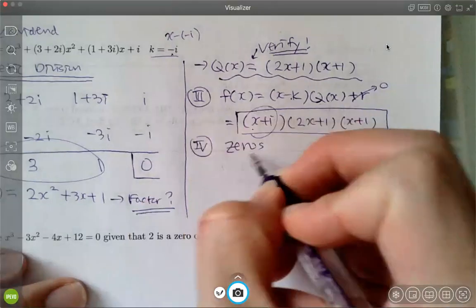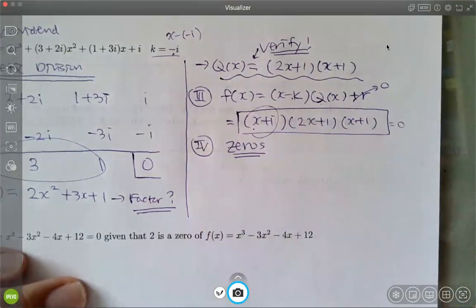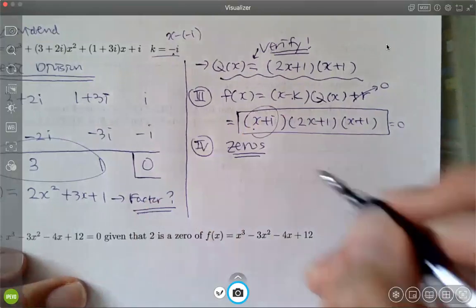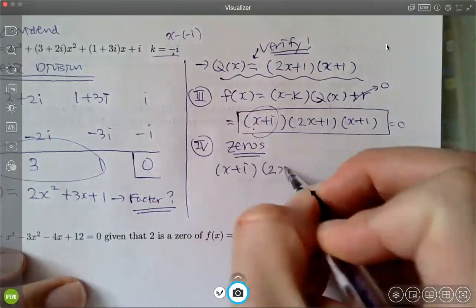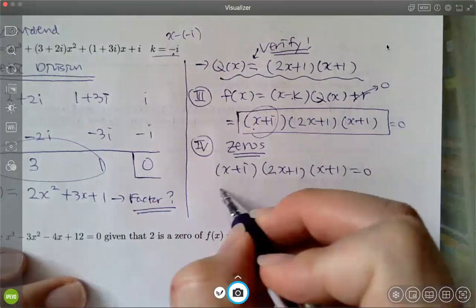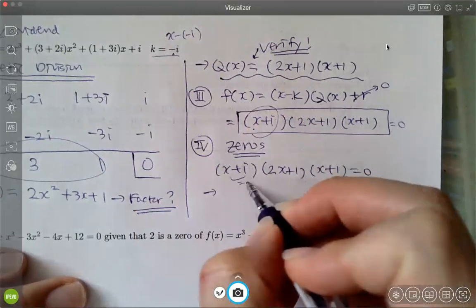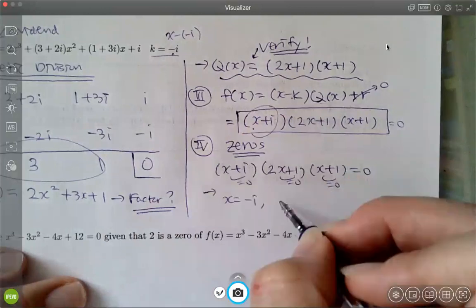You set this whole thing equal to 0, because a zero means the x-intercept, so you set y equal to 0. From here, each factor is equal to 0. So you get x equals negative i, negative 1/2, and negative 1.